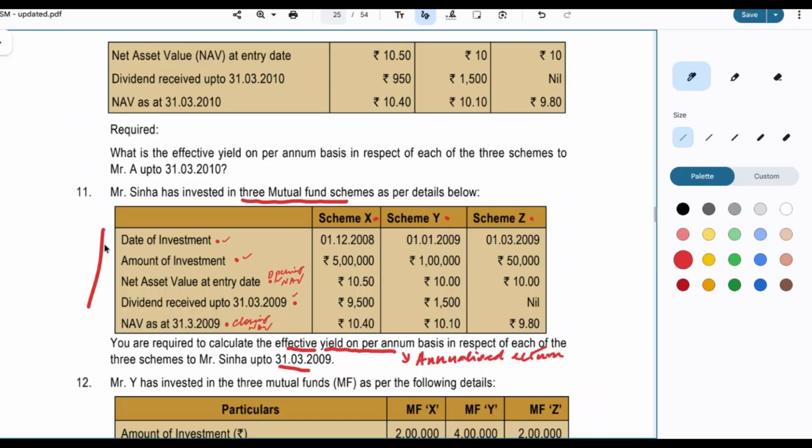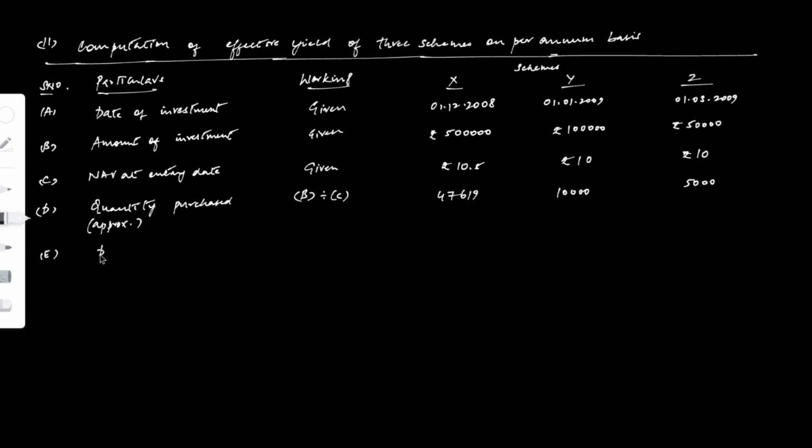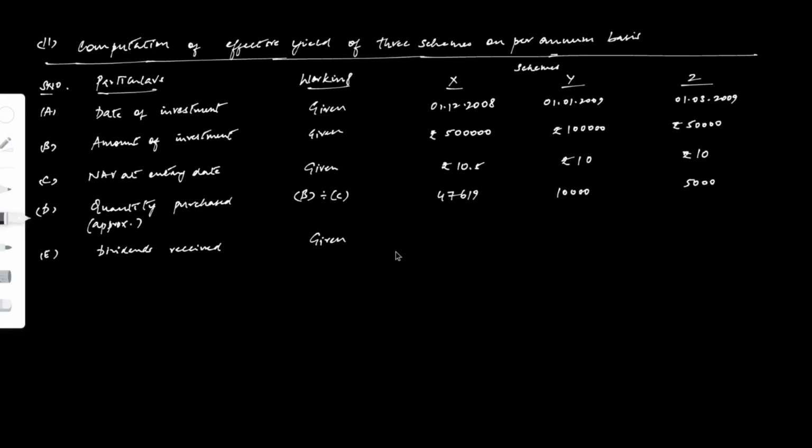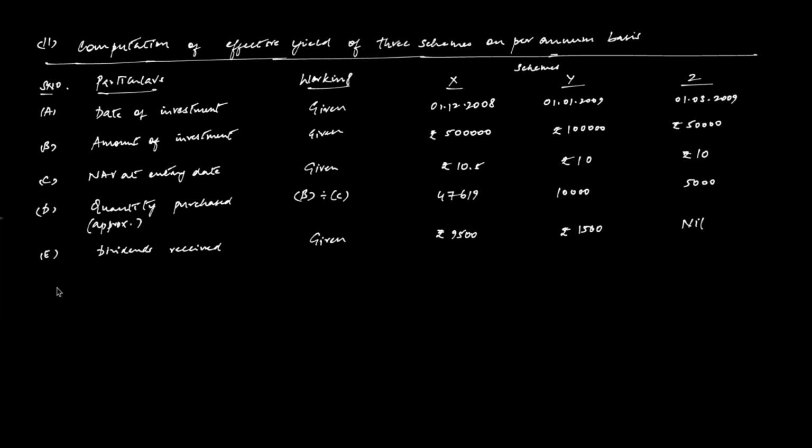So now we calculated quantity purchased. Now what is given? Dividends received up to 31/3/2009. We'll write dividends received. This is given: 9,500, 1,500, and nil. So what is dividend per unit?